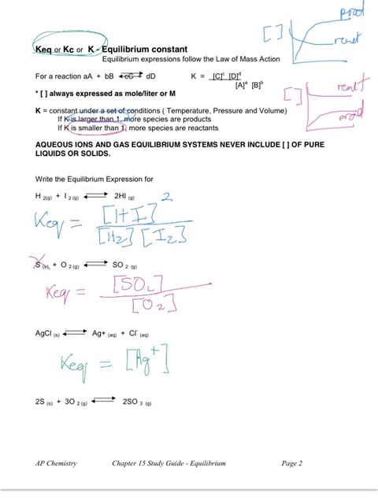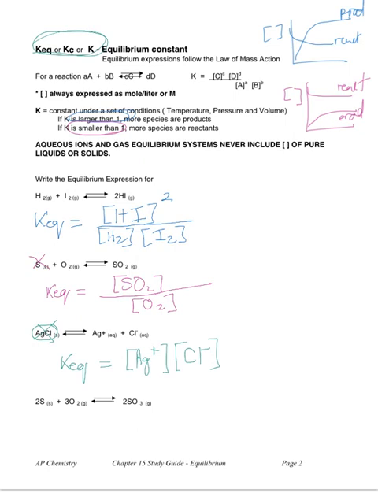This is aqueous silver ion, so you've got to put the plus there. Times the concentration of my other product, Cl minus. Again, you need to include the charge there to indicate that it's an ion. And then divided by, well, my reactant is a solid, so I do not include it. So just divide by 1, or you don't have to put it in there.